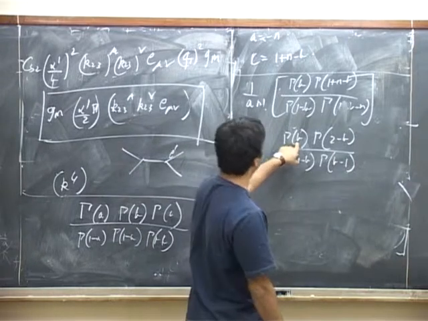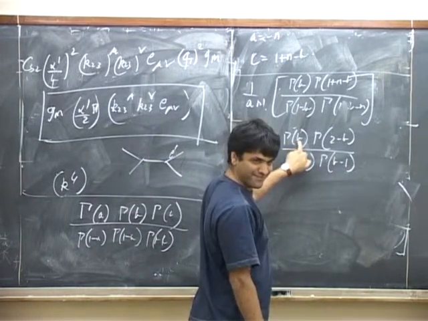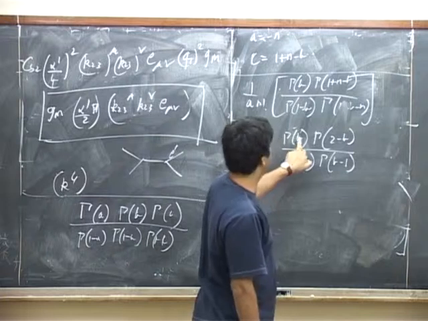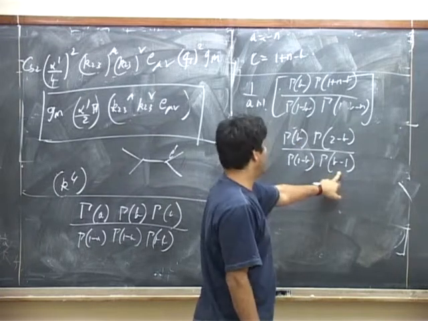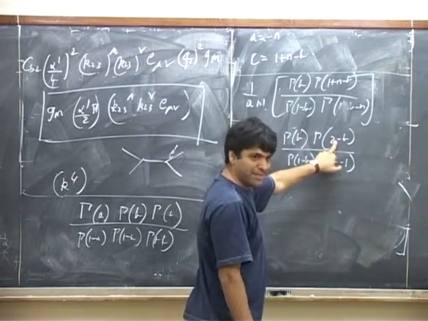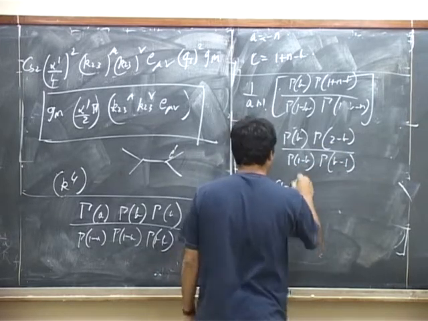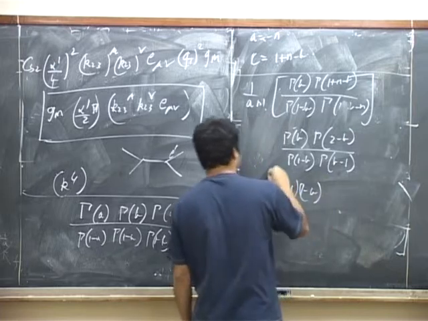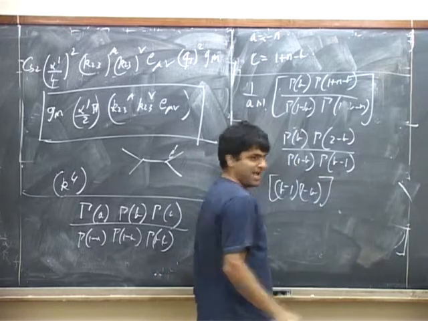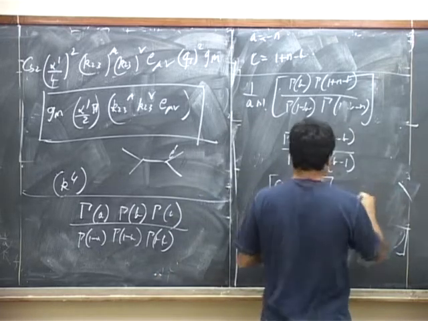Now this thing is equal to b minus 1 into gamma of b minus 1. And this thing is equal to 1 minus b into gamma of 1 minus b. So we get b minus 1 into 1 minus b, okay, into 1.